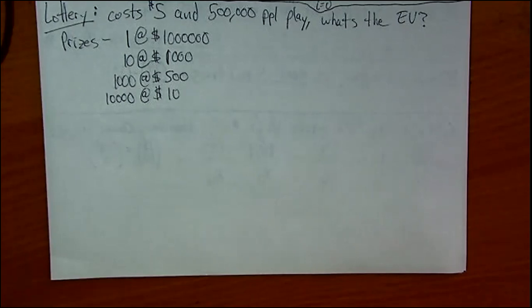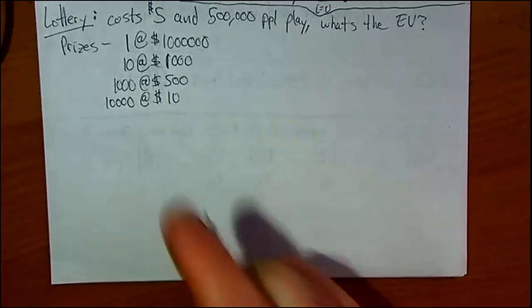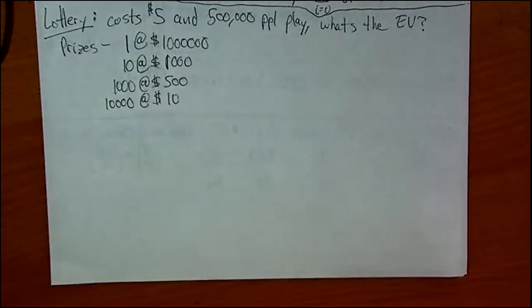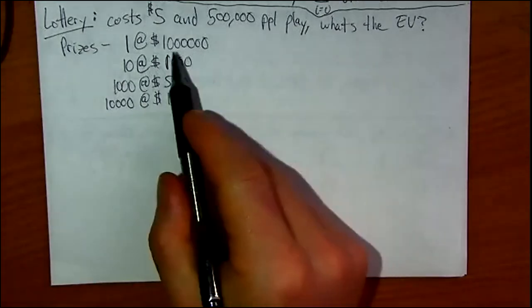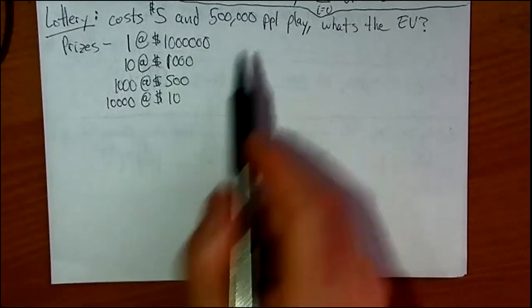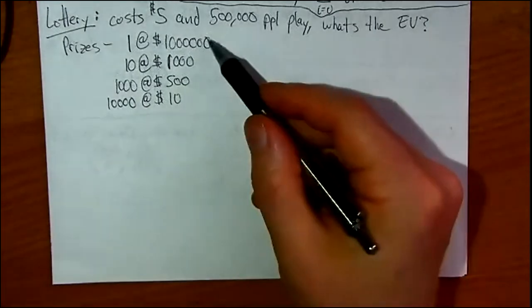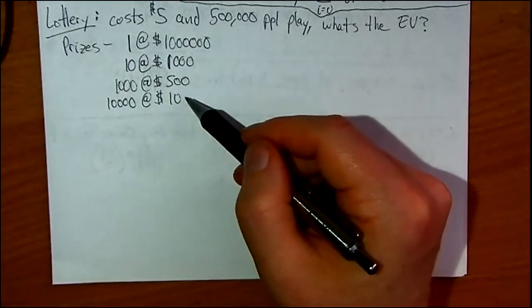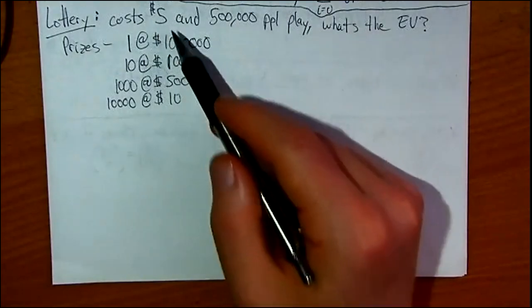Sure. So you got the sneaky part there, Natasha. There is one more thing that you know about the lottery, which is that no matter what, if you play, you're going to lose $5. So there's a couple ways we could do this. We could evaluate each prize minus the $5 it takes to play, or we could add up the expected value of all the prizes and then subtract the $5 it costs to play at the very end.